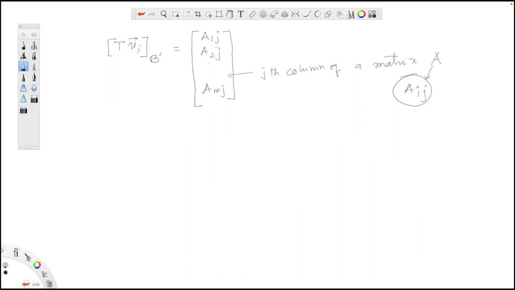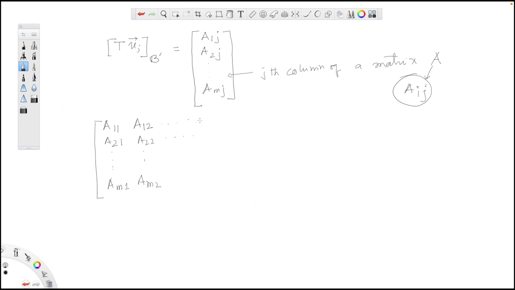Okay, so if I take the first column of this matrix A, that is going to be A11, A21, all the way down to Am1. I just plug in j to be 1 here. Then the second column is going to be A12, A22, all the way down to Am2, right?